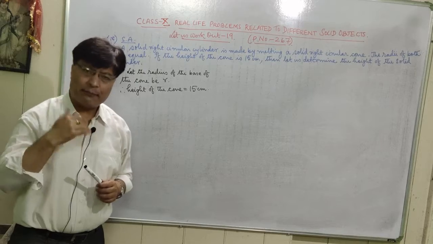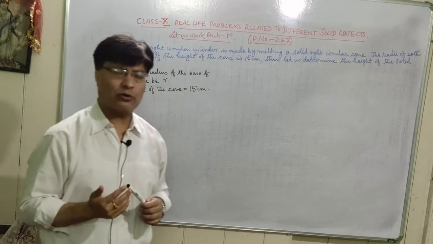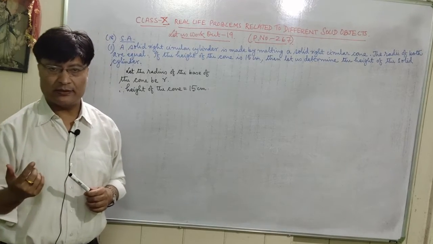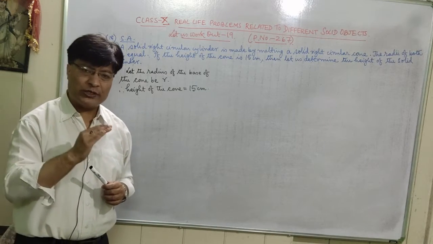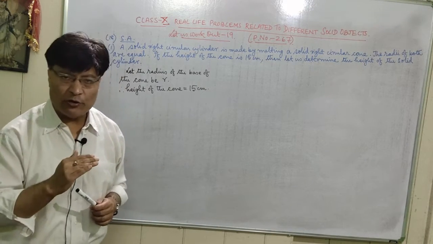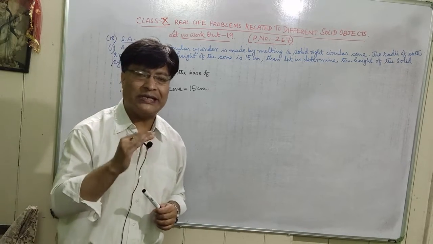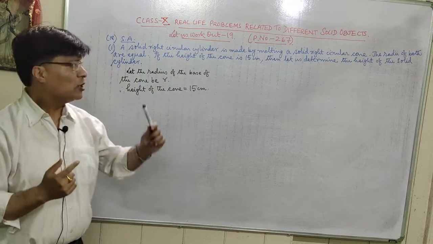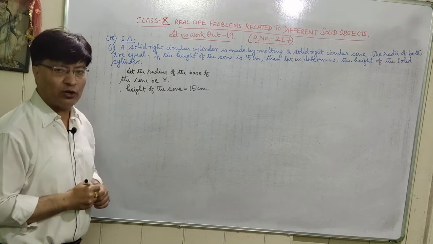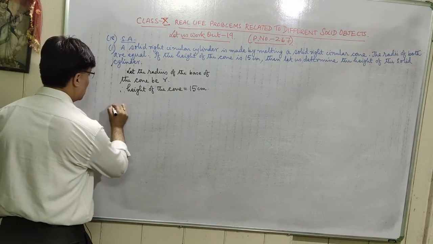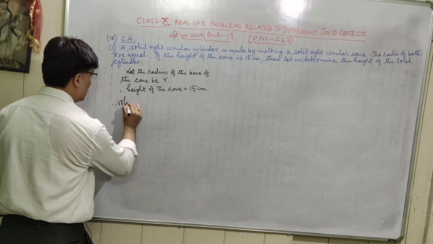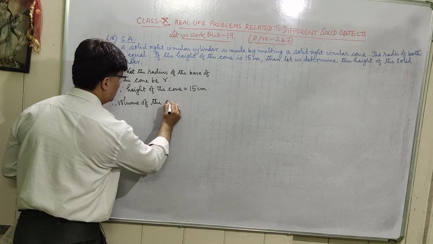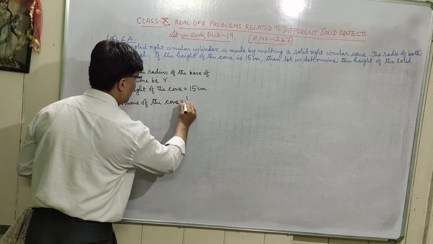So by melting this solid right circular cone, a solid right circular cylinder is made. That means we should understand that volume of the right circular cone is equal to volume of the solid right circular cylinder. So let us find out the volume of the cone. Volume of the cone is equal to, what is the formula?